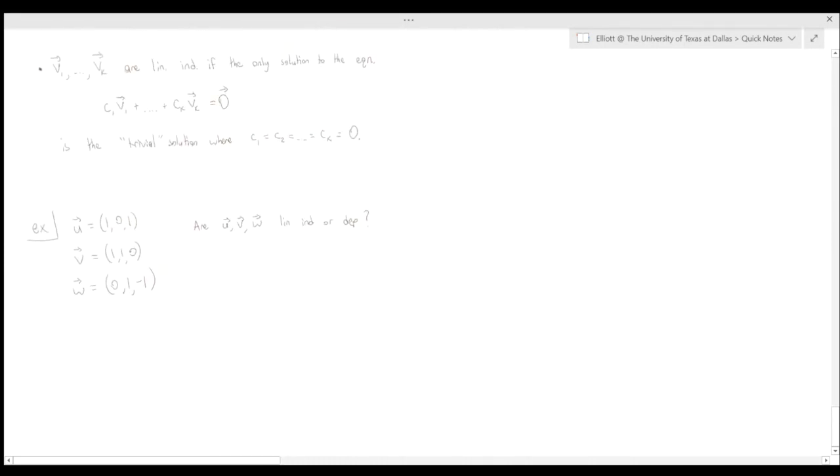So we want to solve this problem more algebraically, using this very last definition of linear independence. I'm going to set up C1 times the vector U plus C2 times my second vector V, plus C3 times my third vector W, and set it equal to the 0 vector, as in the definition.